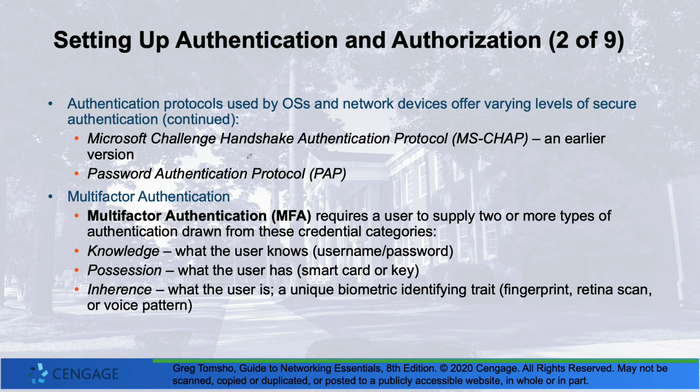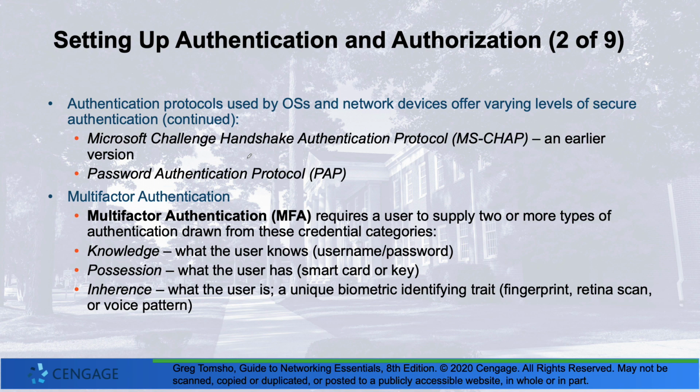Would that be something from the same credential category? Yes. If it's from the same credential category, having two of those doesn't make your authentication any stronger. Having a username and a password and then a PIN number, putting three things you need, doesn't make it any stronger either, because they're all from the what your user knows category.